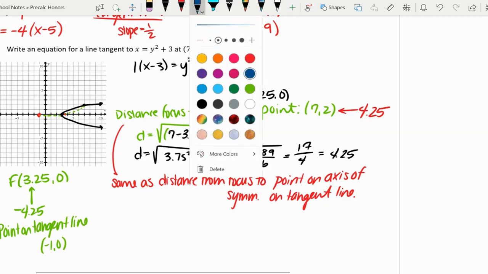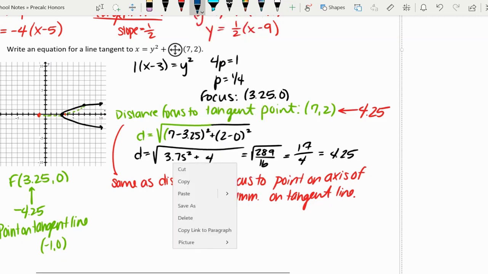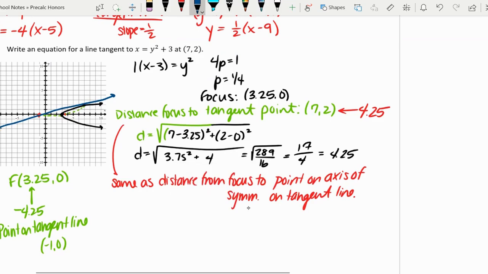I'm going to draw in our tangent line now. So it's not going to be beautiful, but there it is. And we can write our equation. Going to use point-slope again. I can use the point (-1, 0).